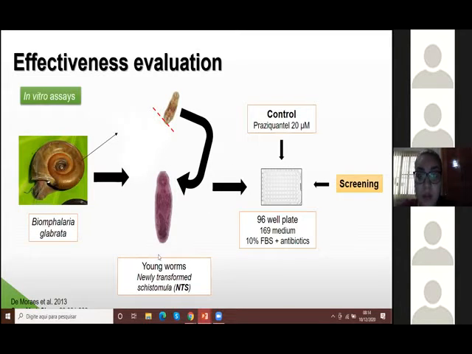So around 15 NTS were put in each well of a 96-well plate with 169 medium, 10% FBS, and antibiotics. For control, 20 micromolar of praziquantel.